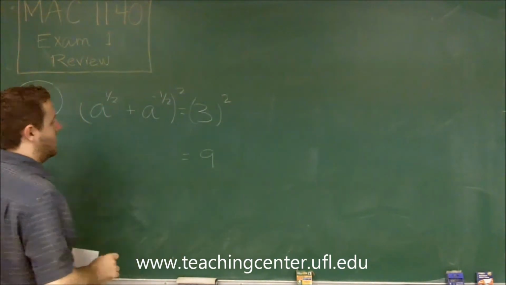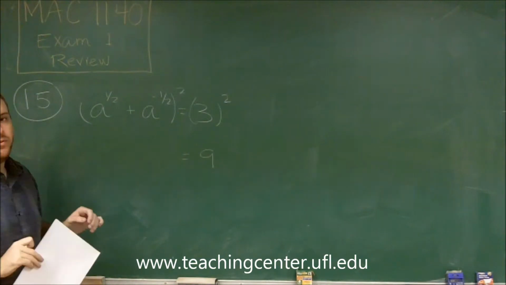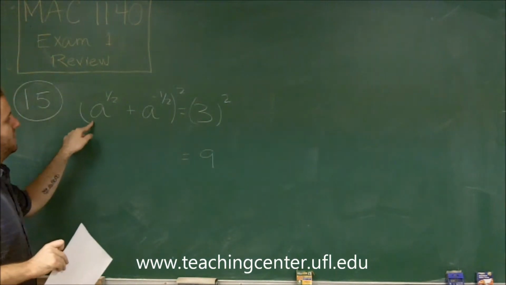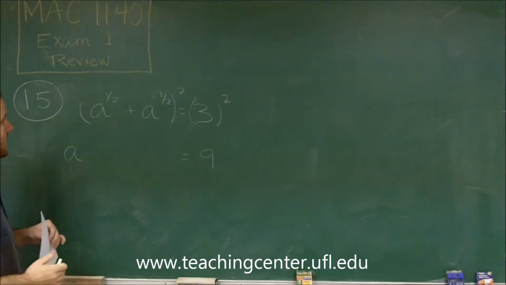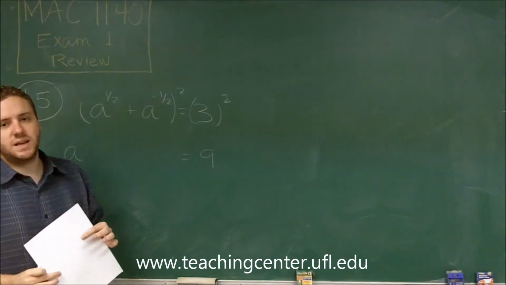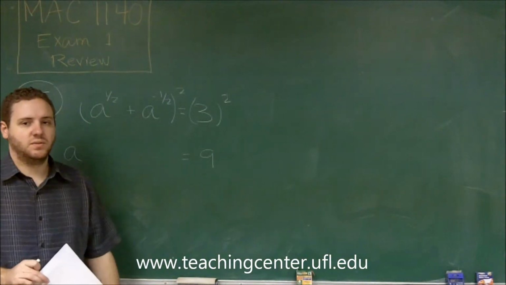obviously on the right side we get 9 here. So let's think about what happens when you FOIL this out. The first term is going to be a to the 1/2 times a to the 1/2, which is just a. The middle terms, the outside and inside, are going to be if you multiply a to the 1/2 times a to the negative 1/2.